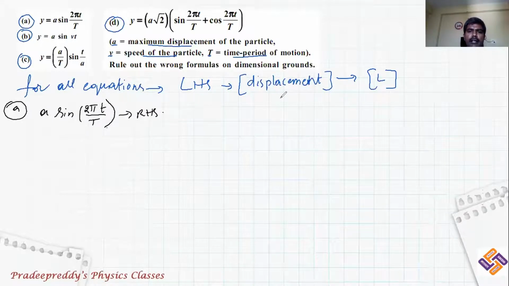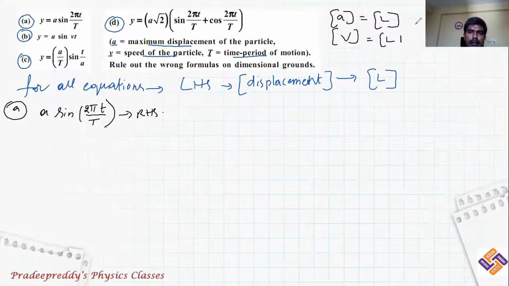So I am writing it here. Dimension of A is equal to displacement, so it is L. Next, speed. v is speed. What is dimension of speed? L t power minus 1. And what is dimension of small t and capital T? It is time period, that is capital T.